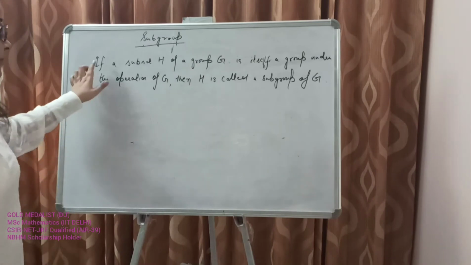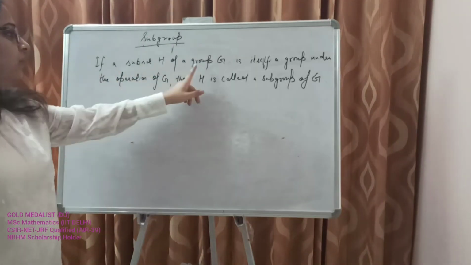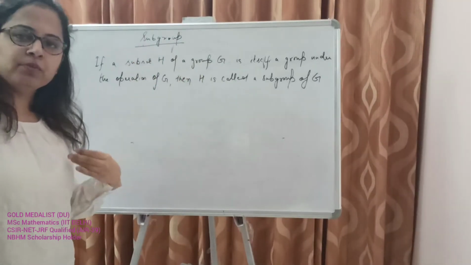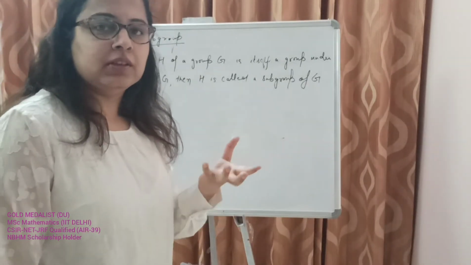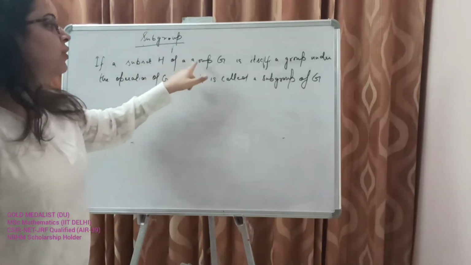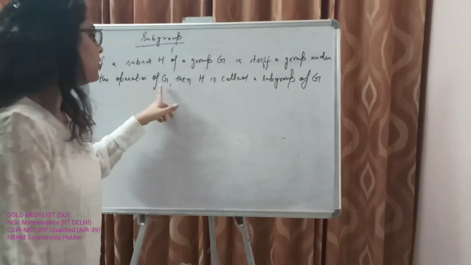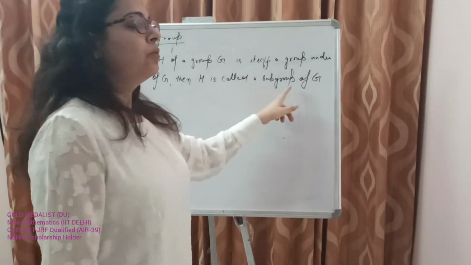If we have sets, we have subsets. First of all, the subgroup has to be a subset of the group G. G is also a set, so we define that if a subset H of a group G is itself a group under the operation of G, then H is called a subgroup of G.